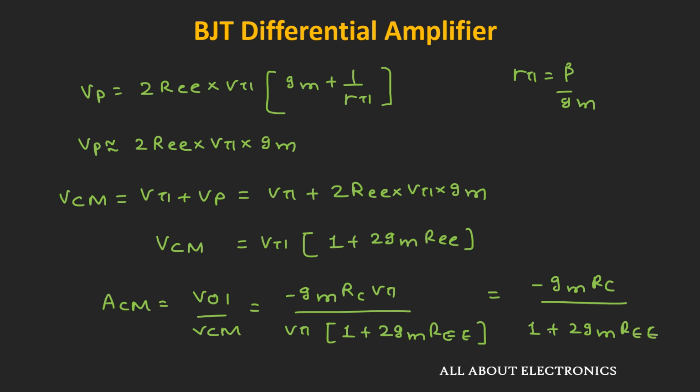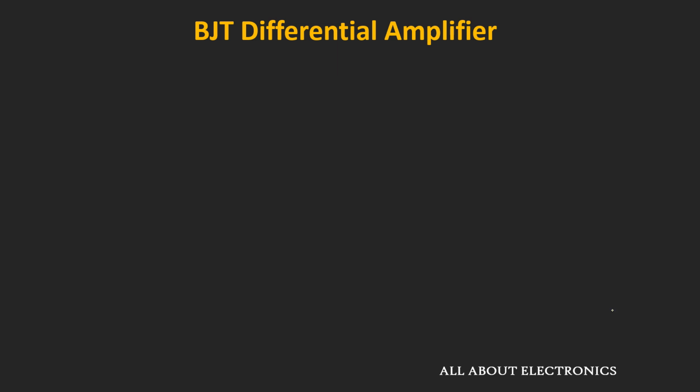Or if we further simplify it, then this common mode gain is equal to minus RC divided by (1 divided by gm plus 2RE).